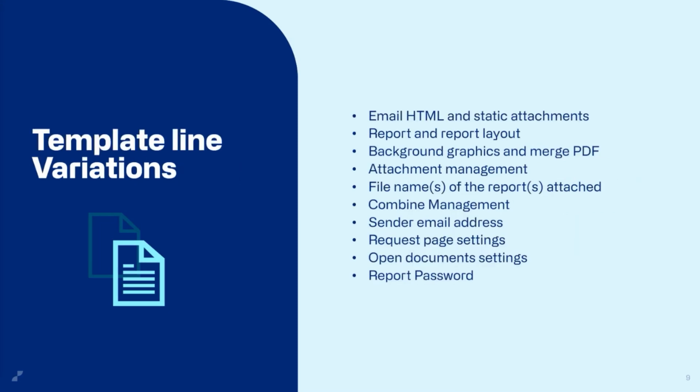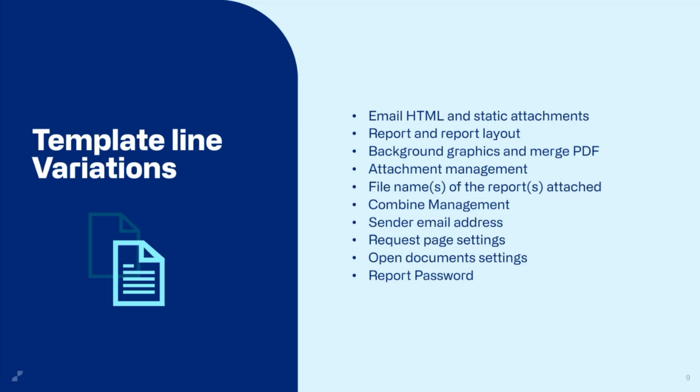On the template lines, we have different kinds of options for varying the message. First and foremost, of course, the email template. So the text body and the subject, but also the attachments, the static attachments that we want to include with our emails.